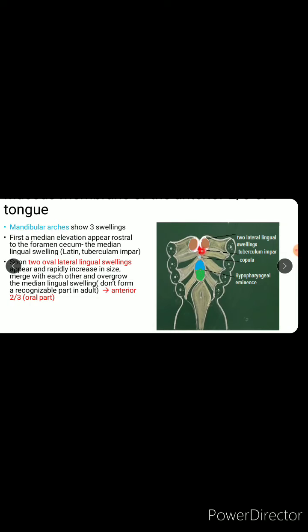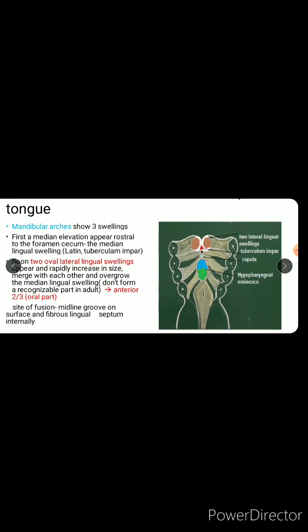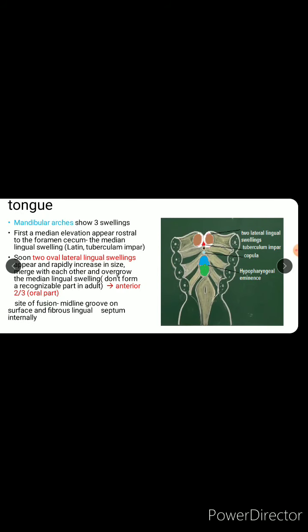So the median lingual swelling doesn't form a recognizable part in the adult, and the anterior 2/3 is formed by the fusion of the two lateral lingual swellings. The site of fusion is represented by the midline groove on the dorsal surface of the tongue and the fibrous lingual septum seen internally.